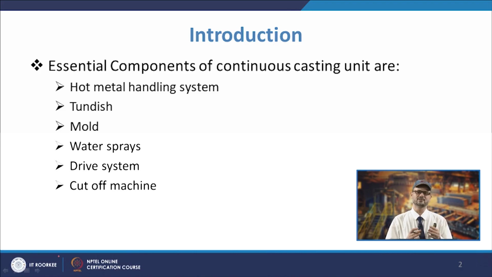From the ladle the metal will be transferred to the turn disk and then to the mold, and after the mold you have the spray zone where water spraying is done, then the driving system, and in the end you are cutting off, so you have a cut off machine. We will be talking one by one about these systems.